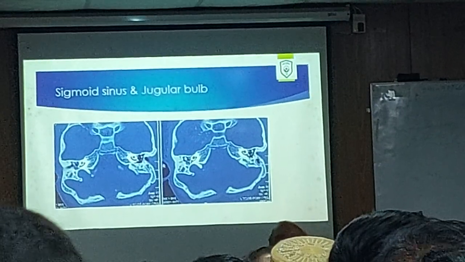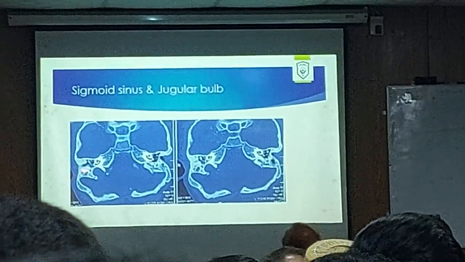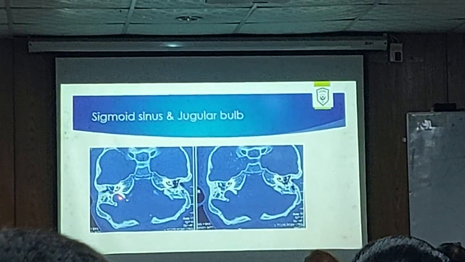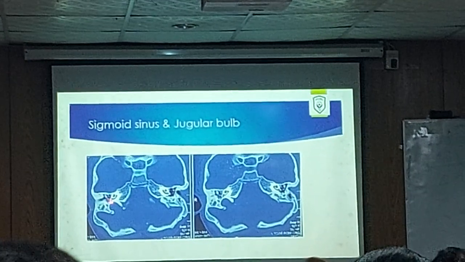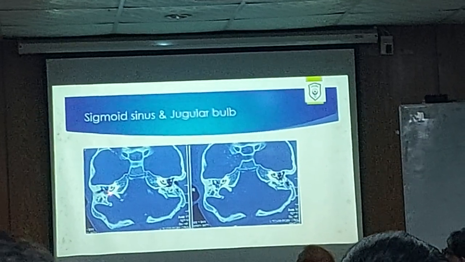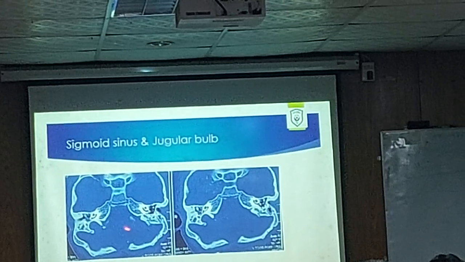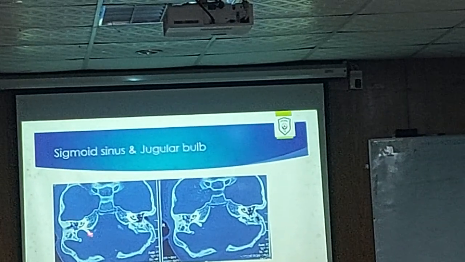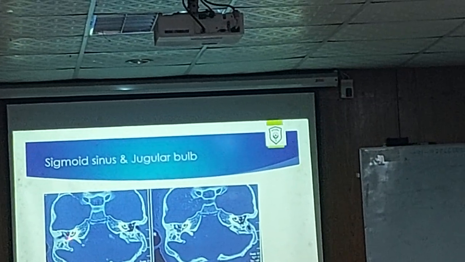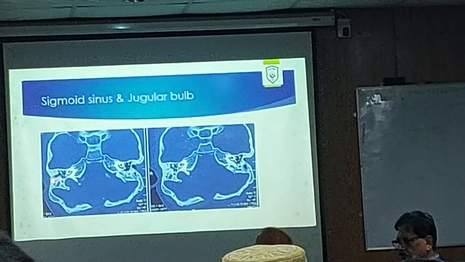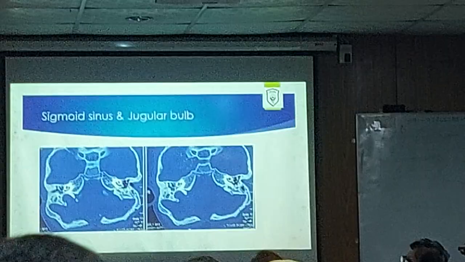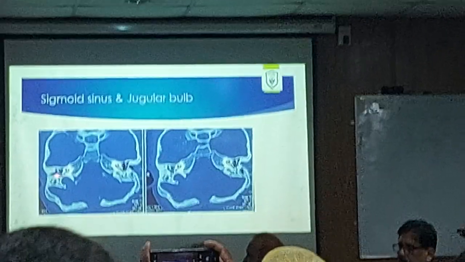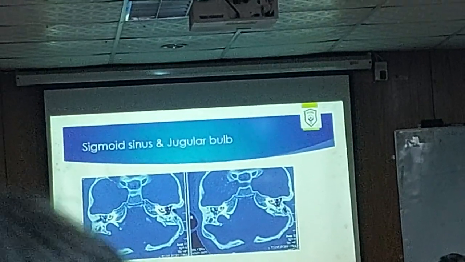If we see the jugular bulb area almost touching the promontory or round window niche, then it is called a high jugular bulb. Sometimes the bone over the jugular bulb is found dehiscent. There is a loss of hyperdensity.